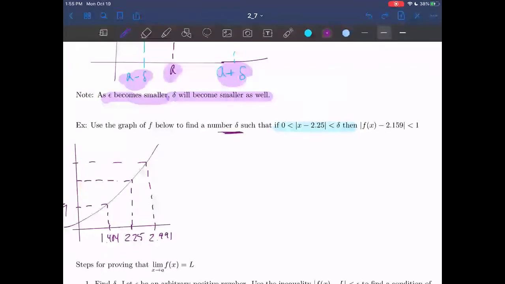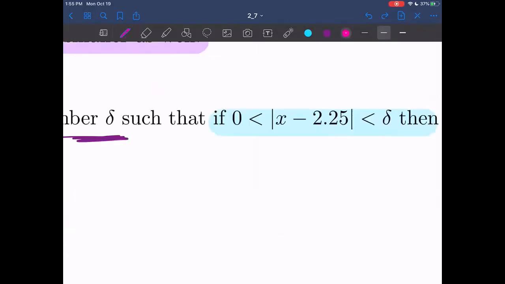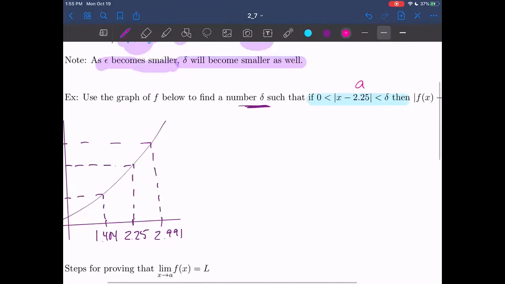Let me use a different color. That's our A value, and we can see it down here.